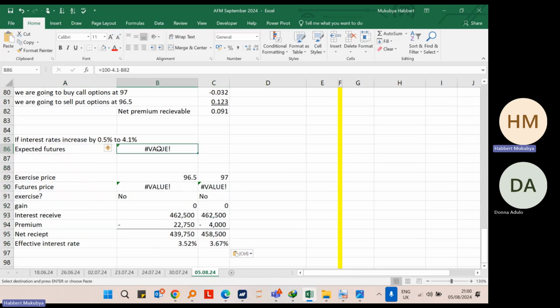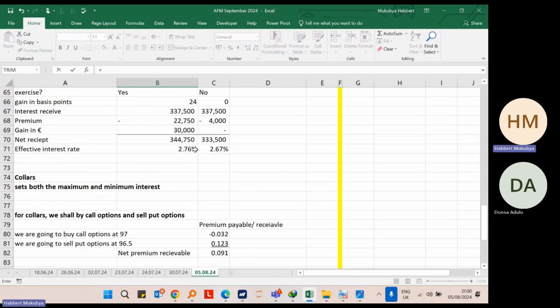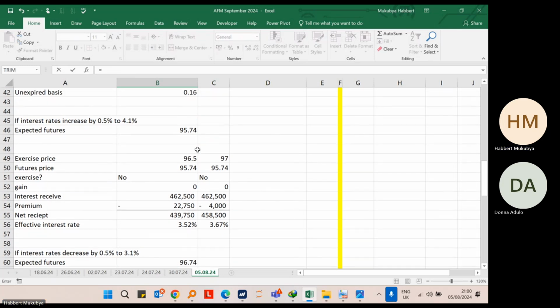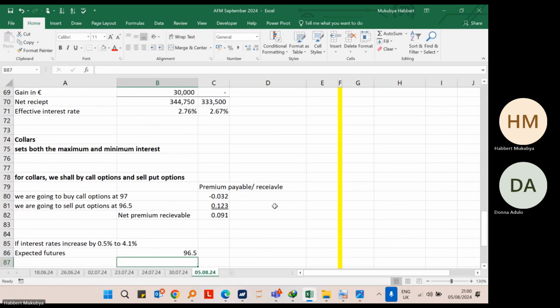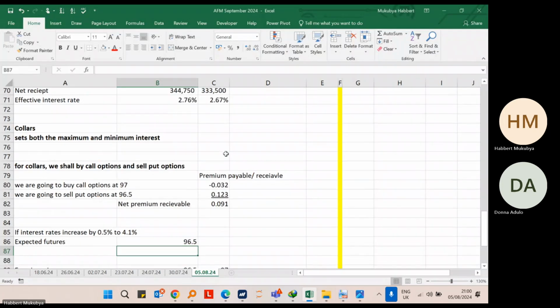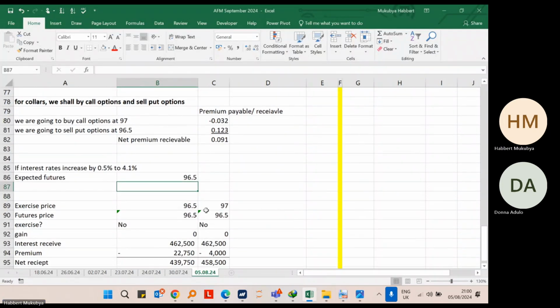So the futures price is going to still be 96.5. Then the exercise price. Now, remember, we are not going to worry much about the selling part, because the selling part is just to reduce our premium payable.